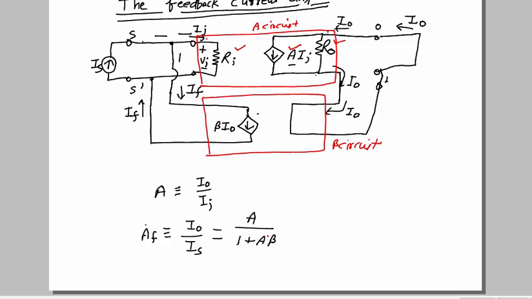If you want to draw the equivalent circuit of the feedback amplifier, we have to consider the input resistance looking from the source, which is RIF, and the output resistance looking at the end, ROF. RIF is the input resistance with feedback, ROF is the output resistance with feedback. So from here, how will we draw the equivalent circuit?